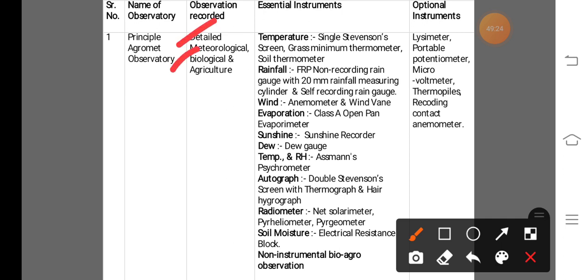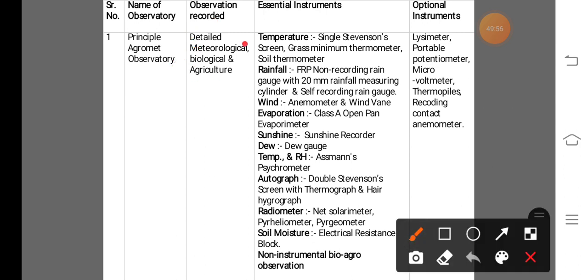In case of biological, that means insects and pests are recorded. Also in case of agriculture, that means different crop observations, like height from date of sowing to the harvesting of the crop, germination, emergence, different reproductive growth stages, also leaf number, etc. are recorded in the A type or principal agromet observatory. And now the instruments that are essential in the A type observatory.